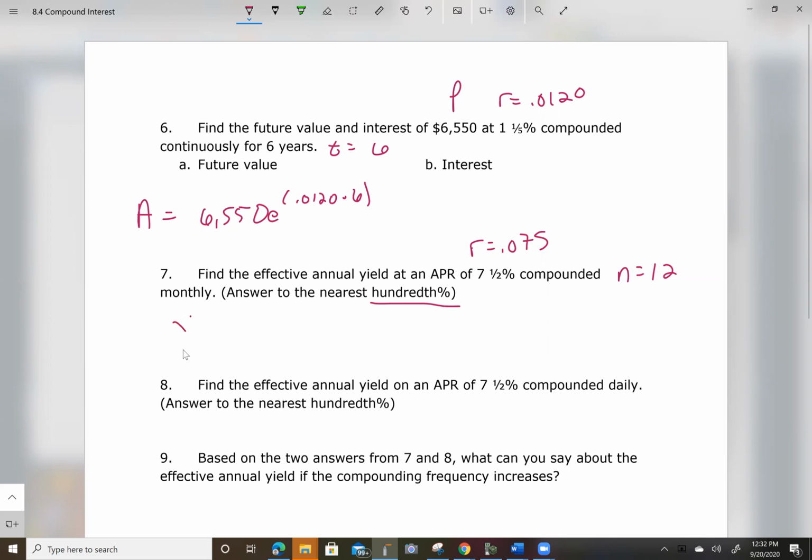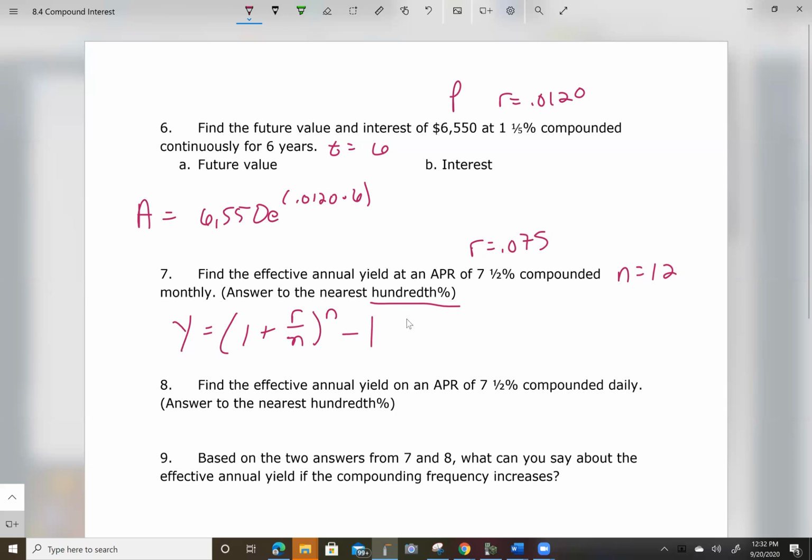So my annual yield formula is Y equals parenthesis 1 plus R over, oops, sorry guys, R over N, parenthesis to the power of N, minus 1.